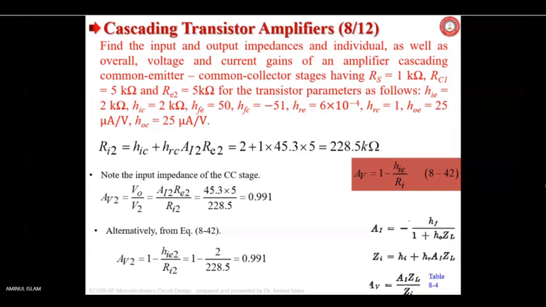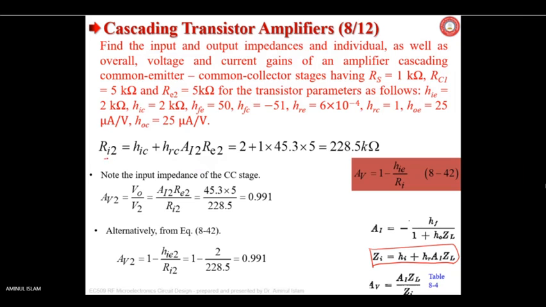Now next is RI2. What is that RI2? Input resistance of Q2. Without considering any configuration, it was derived as Zi equals Hi plus Hr into Ai into ZL. The same thing is written here, now particularly for the common collector one.